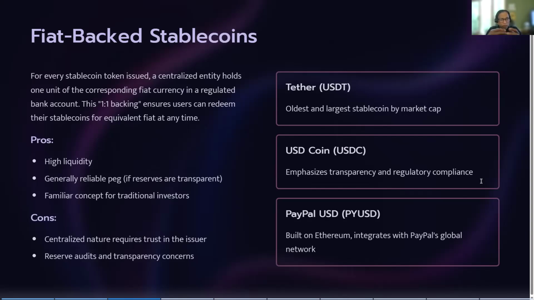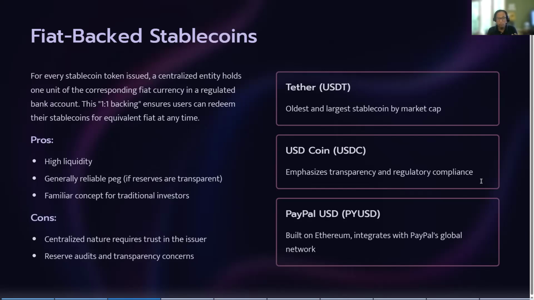So some of the pros are high liquidity, because it is based on the US dollar, and also it is legal now. There is legality, and the legal frameworks and regulations are being created to support it, so more people will be buying this type of stable coin. And it's a very familiar concept.